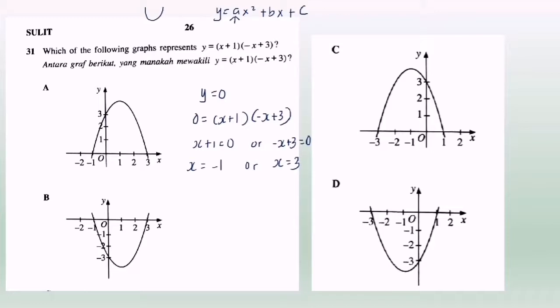If a is negative, the graph has a maximum point, a sad face. Now we need to check the value of a for this function. s times negative s equals negative s squared. So this is actually a maximum graph, a sad face. The roots are negative 1 and 3. So negative 1, 3 and a sad face. So the answer is A.